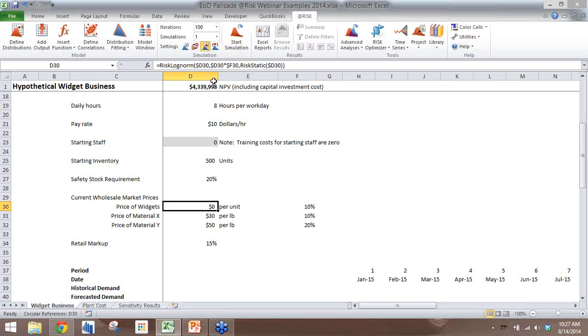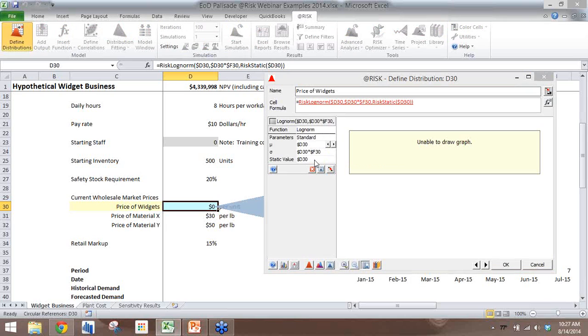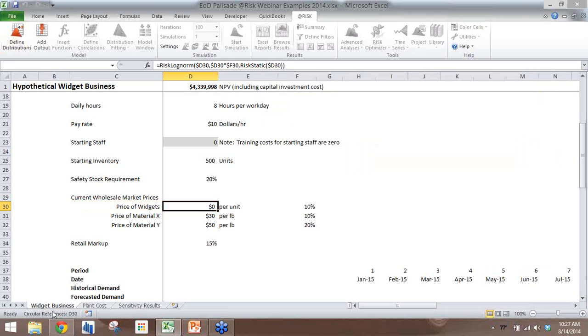Oh, just a moment. Okay. Managed to foul that up here. What's going on here is I managed to create a circular reference. So let me just get rid of that. I'll re-specify it.